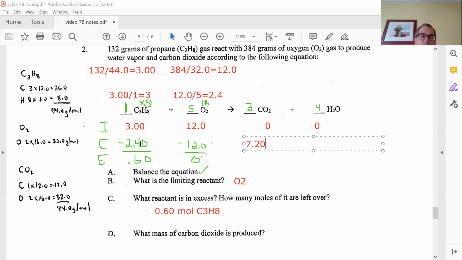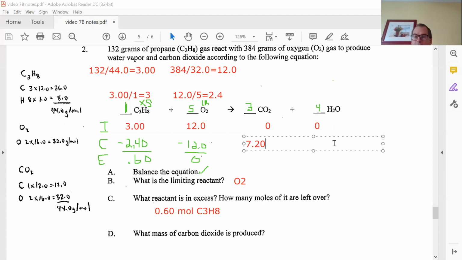Now, could I say 2.40 times 3/1? Yes, that would also give you 7.20, but you wouldn't want to use this 3 or this 0.60. So I usually start with the limiting reactant, go through my mole ratio, 12.0 times 3 divided by 5, which is like 0.6. 12 times 0.6 gives me 7.2.